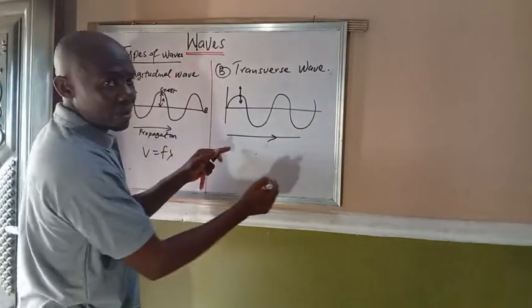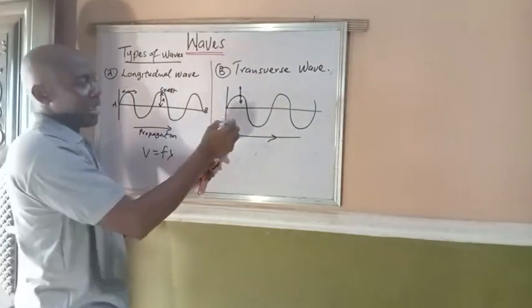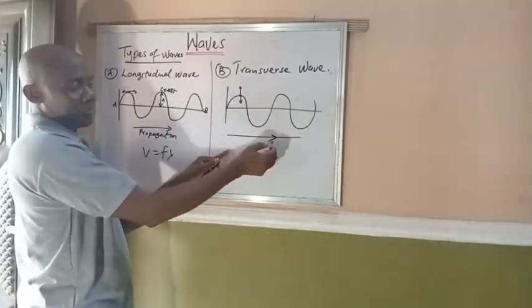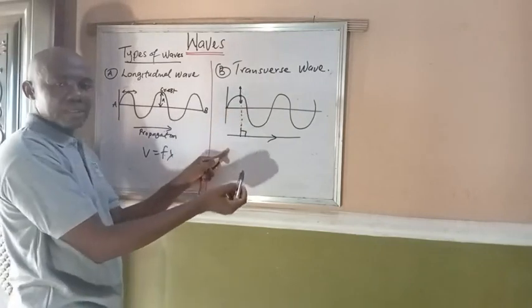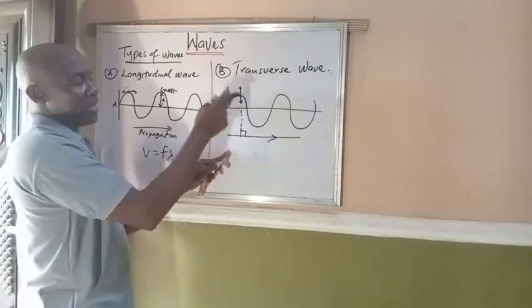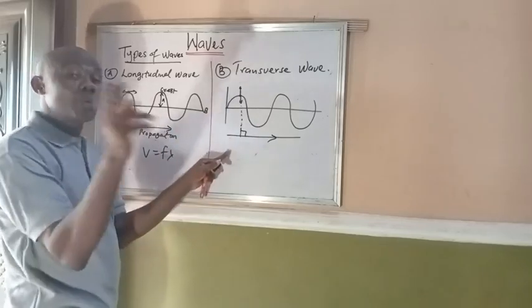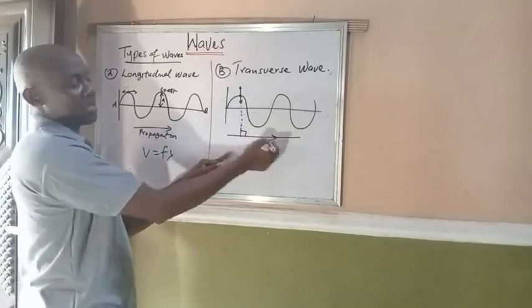The wave travels along the direction, but the particle is vibrating at 90 degrees to the direction, so that if I bring this down, you are going to have this as 90 degrees.